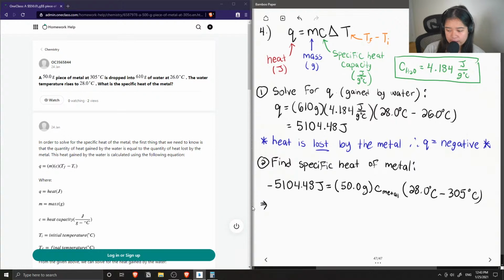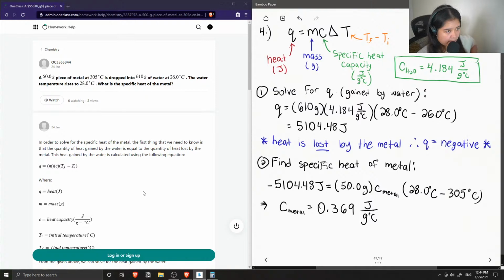Now let's solve for our unknown. If we divide 5,104.48 by 50, and then by 28 minus 305, we get a specific heat capacity of the metal equal to 0.369 joules over grams degrees Celsius.